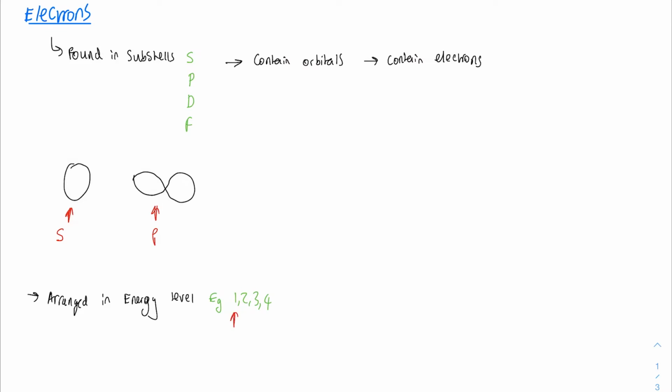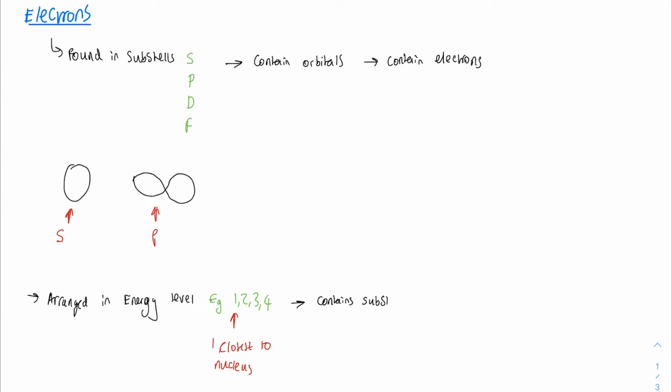Each energy level contains subshells. And as we know, subshells contain orbitals which contain electrons.